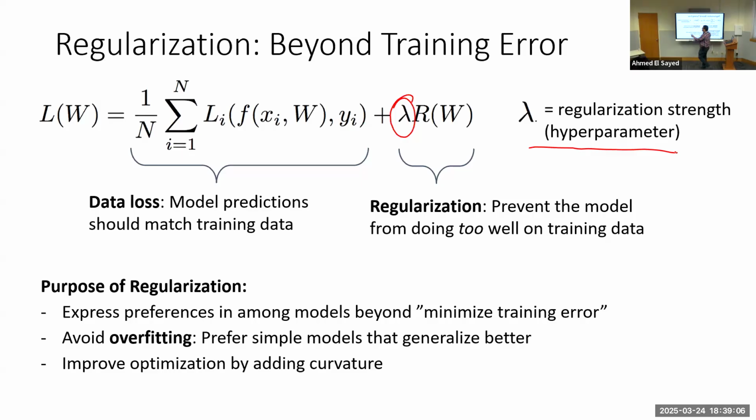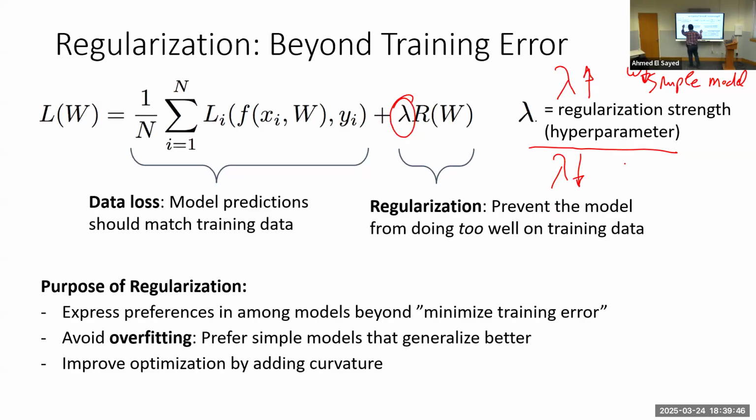What does this mean? If this lambda is big, in this case, the main loss function will focus on the regularization over the data loss. In this case, the value of W will be too small and the model will be very simple. If the lambda is small, in this case, I'm giving higher priority to the data loss.